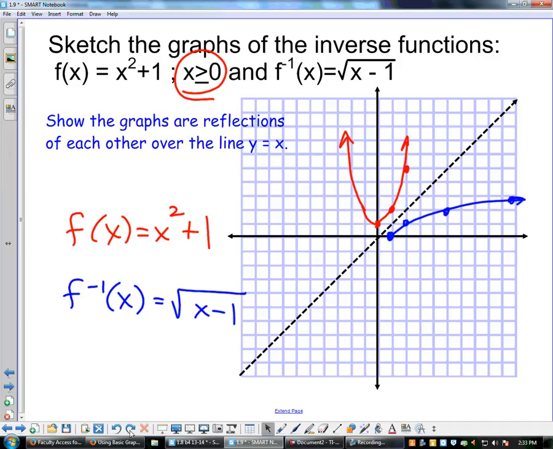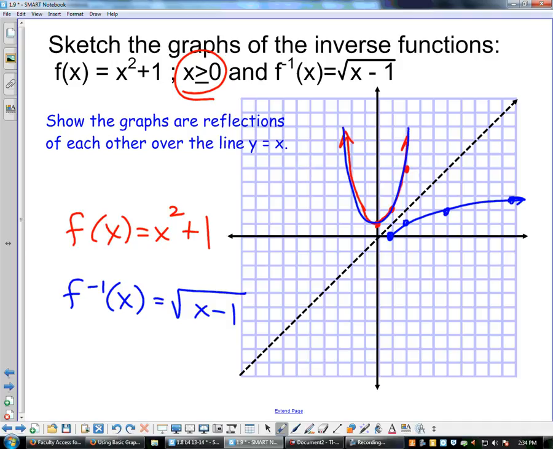If we tried a horizontal line test here, a horizontal line goes through that function's graph in more than one point, which means once we graph the reflection over the line y equals x, it's going to be this full graph here, which is going to fail a vertical line test. That means we cannot find the inverse of this whole function. This whole function does not have an inverse.